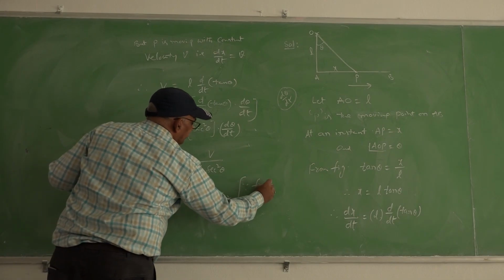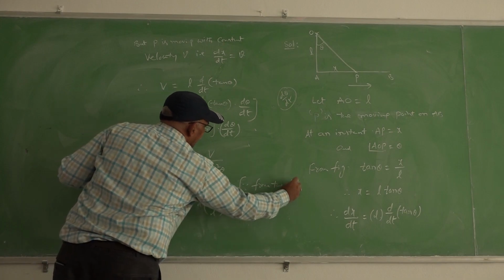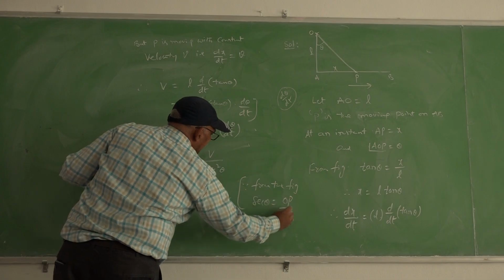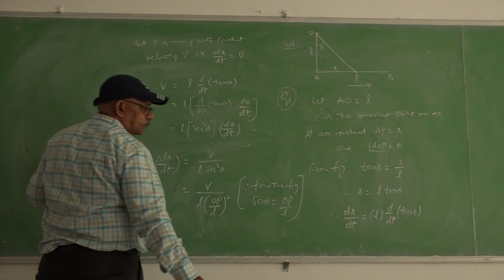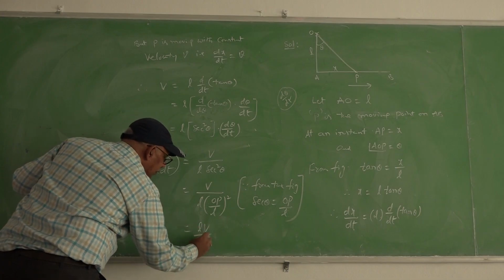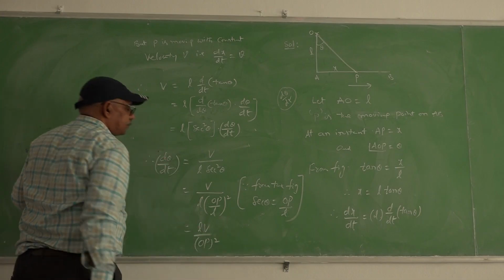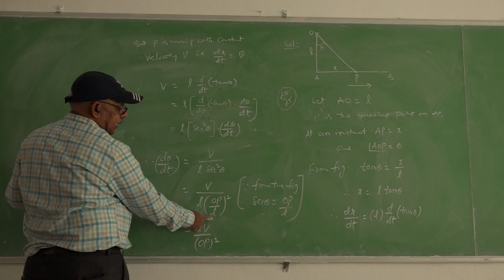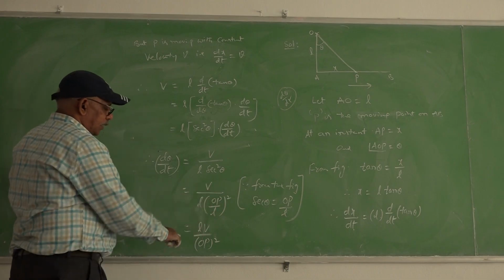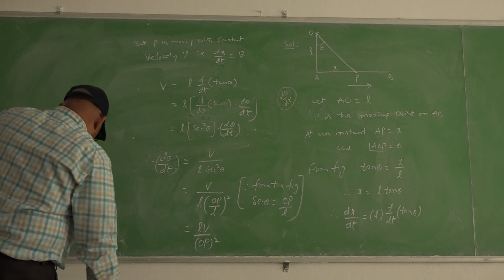Since from the figure secant theta equals OP by L, this gives us v by L into L square by OP square. One L cancels, and the remaining L goes to the numerator: L v by OP square.